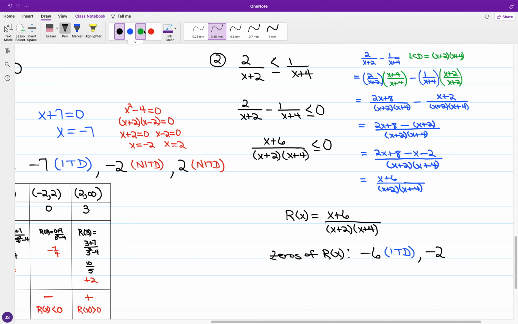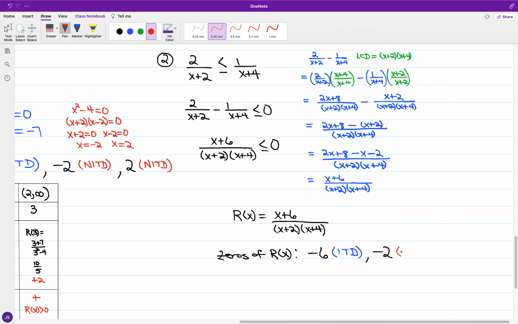So negative 2 is not in the domain, and also the corresponding zero value of negative 4 is also not in the domain.